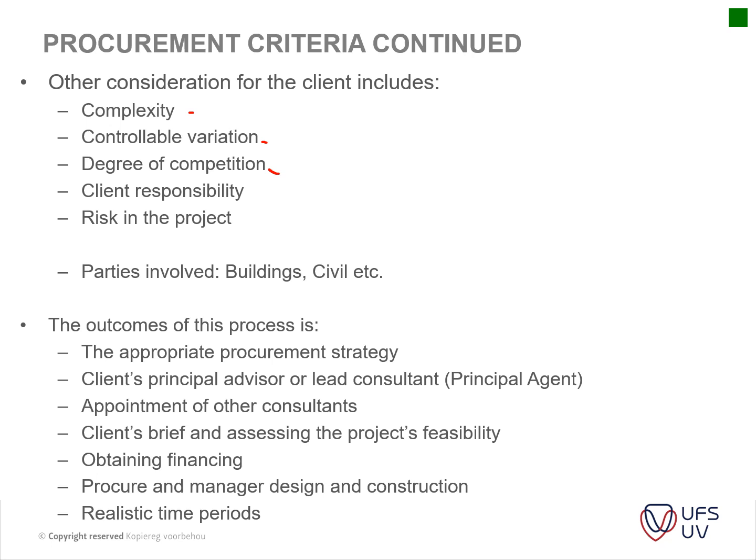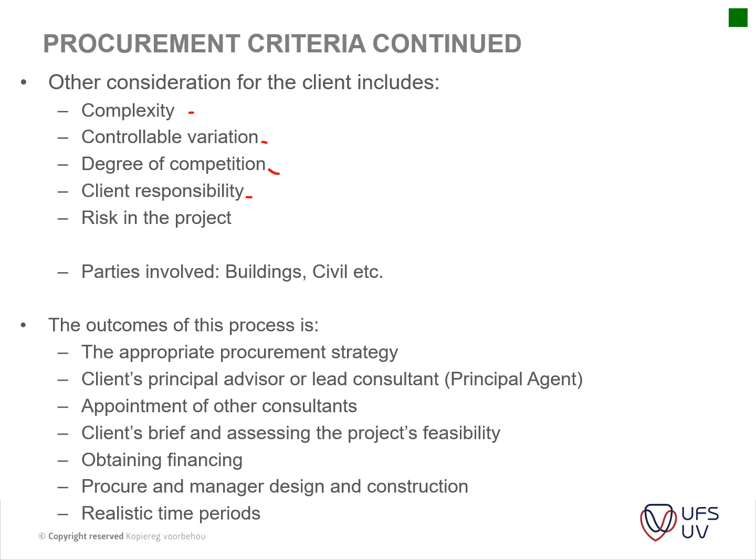Usually if there's a lot of competition, your prices are lower, because if the price of the one team is not in line with what you had in mind, you can always go to another supplier and get another quote, which will push the rate down. More competition will obviously have a big influence on how you approach your procurement methods.